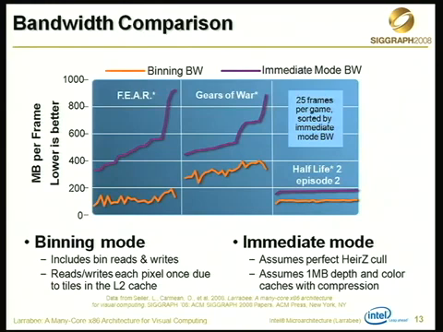For Fear, 2.5 to 7 times more memory bandwidth. Every frame takes more memory bandwidth in immediate mode than in Larrabee's binning method. And since memory bandwidth is one of the important factors to cost and power and ultimately performance of a system, that's a dramatic performance benefit for the Larrabee architecture.